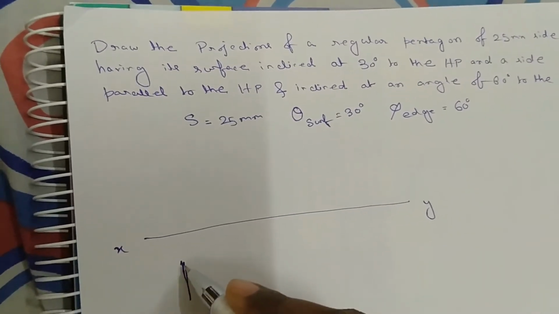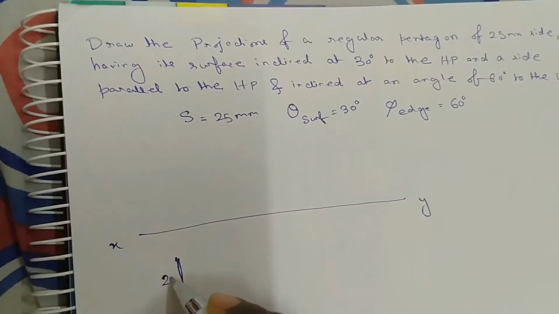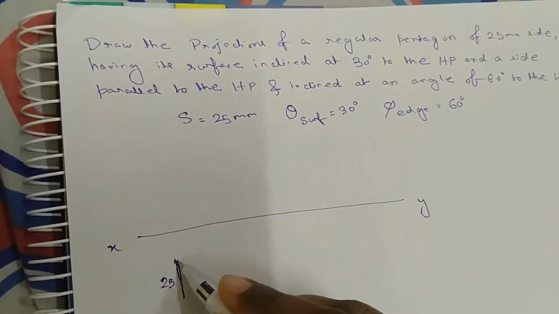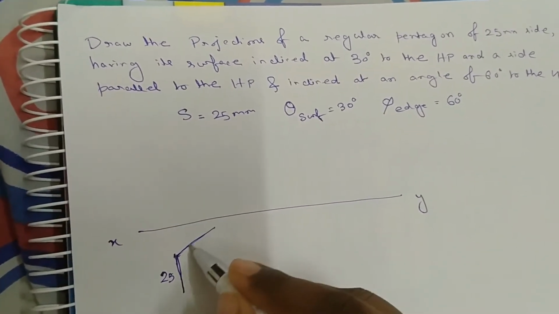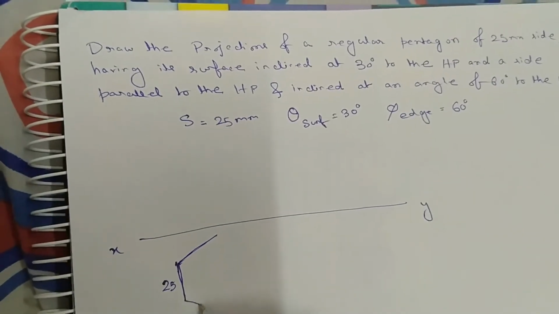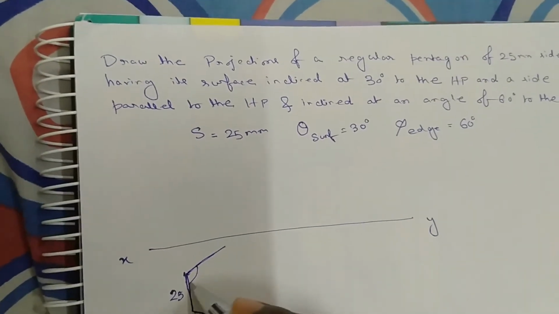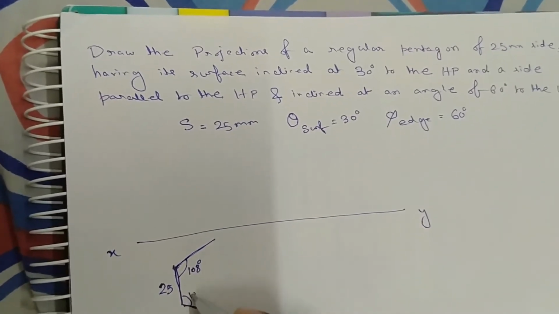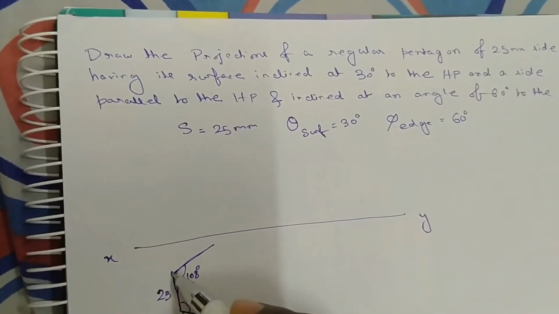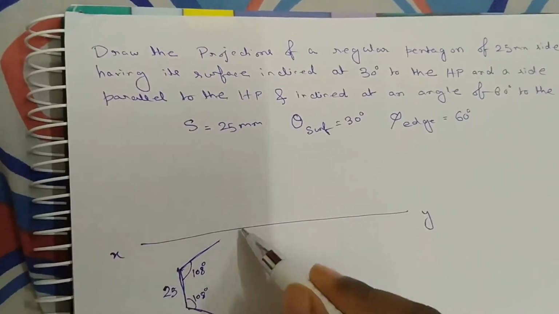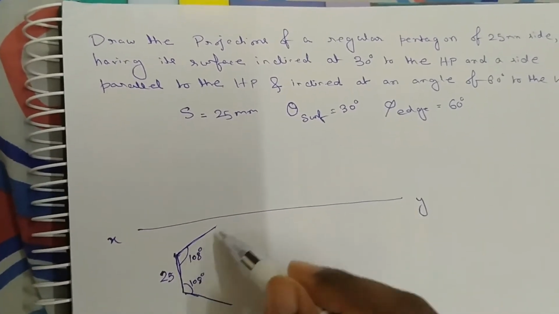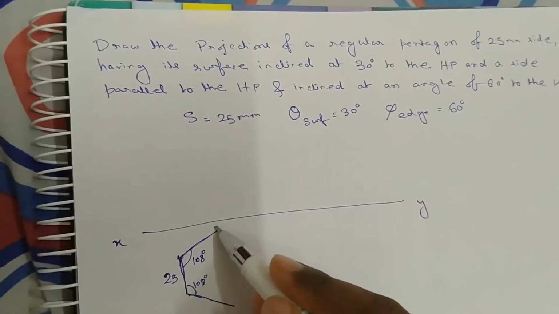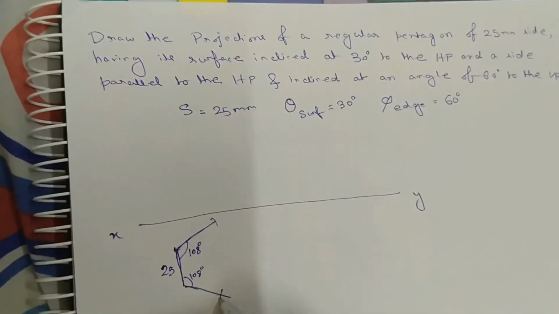How you are going to draw it? This is 25 millimeter length, and this angle will be, inner angle of pentagon is what? 108. So we will just, using protractor, draw this angle, and after that we will cut 25 millimeter over here.